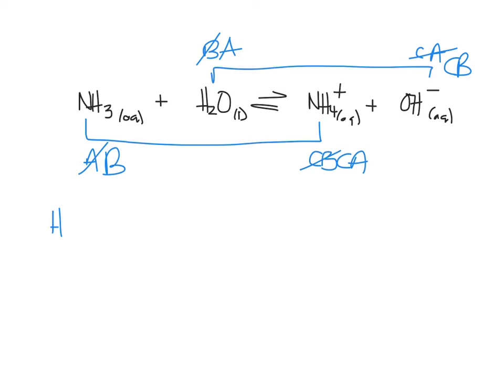It accepts. So all of these bases will accept H plus to make their conjugate acid. So what would this be? It was HCO3 minus. If it gains an H plus, H2CO3.